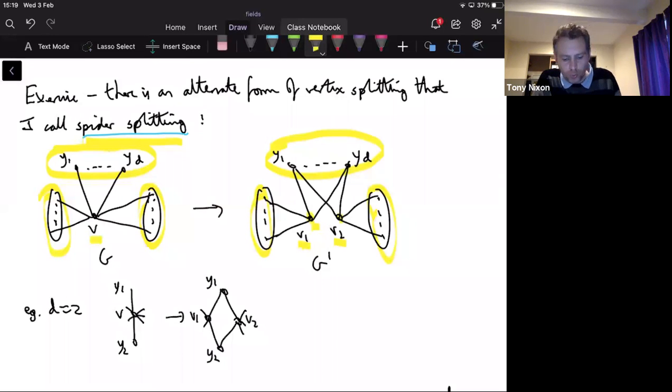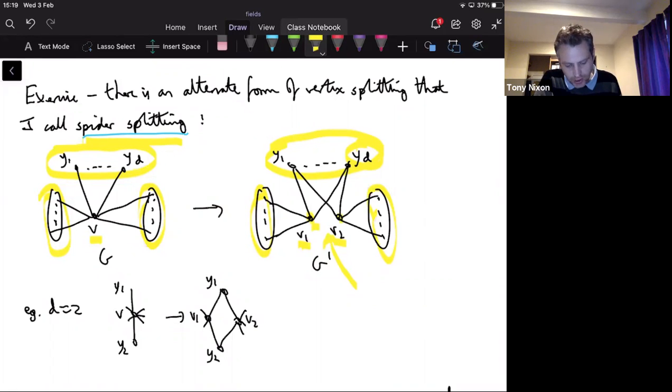So there was one more up here, which allowed me to not have the edge in the middle between V1 and V2. So the previous operation introduced a triangle. So if you're interested in bipartite graphs, say for some application, then this move might be useful, whereas that one couldn't be because it introduced odd cycles.